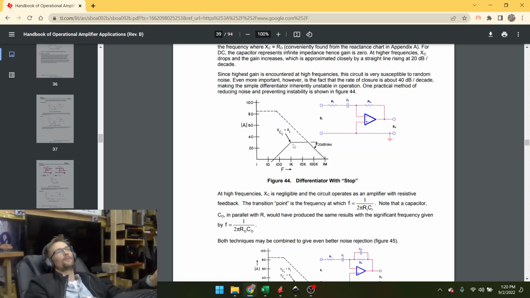Differentiator with stop. So they call that the stop. And that's the amplitude of the differentiator output.